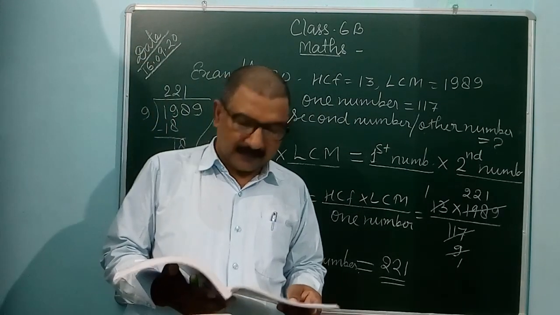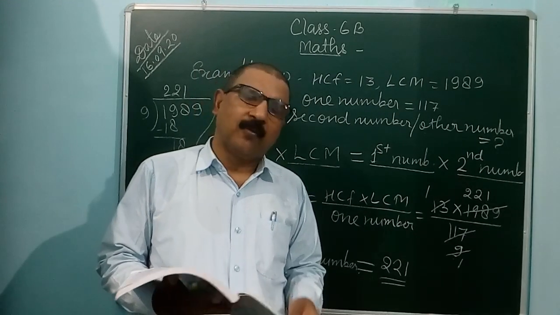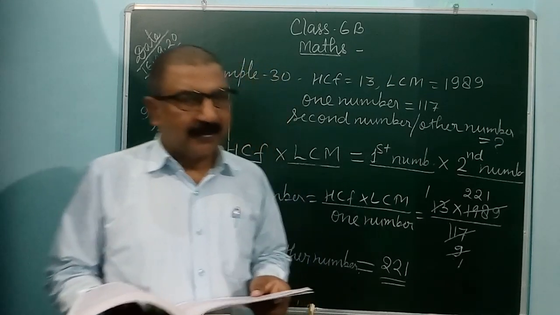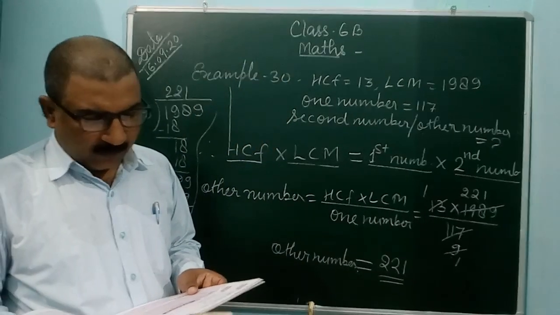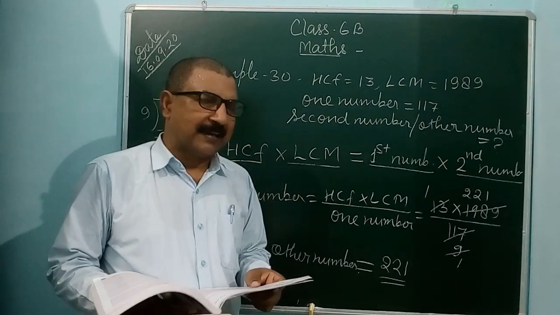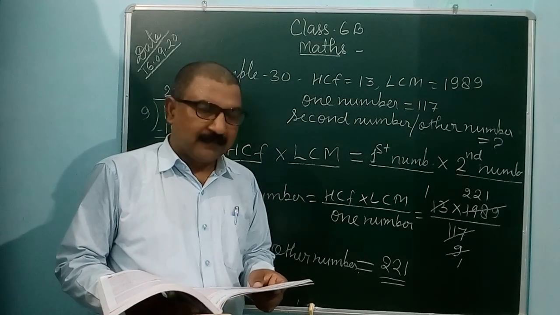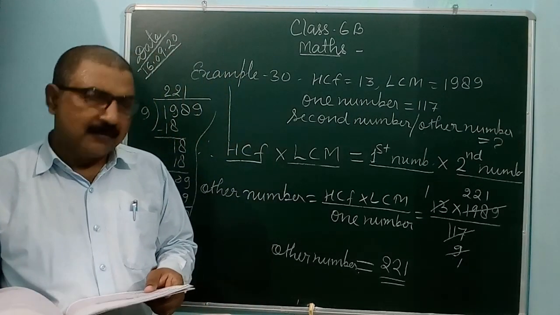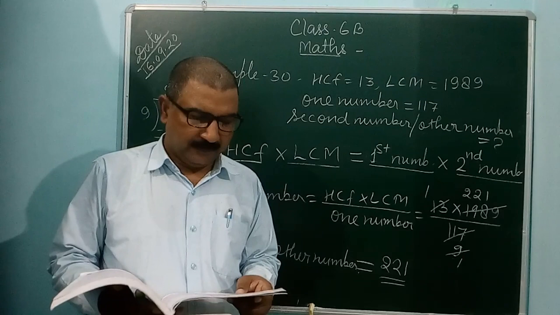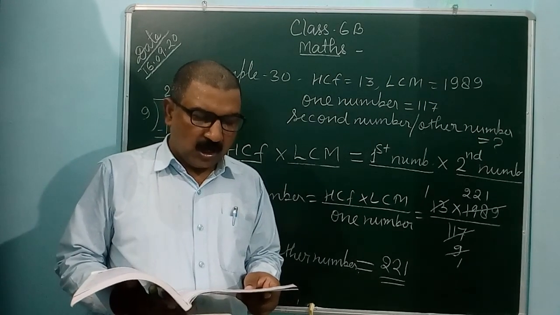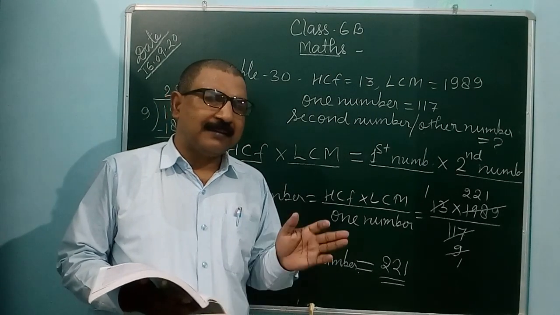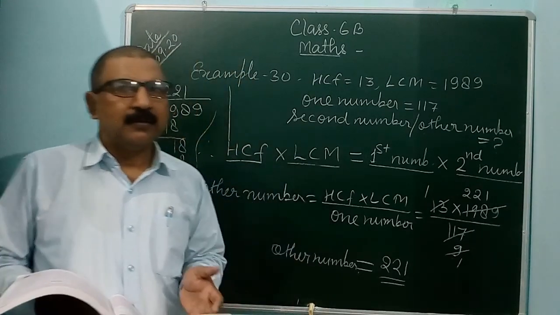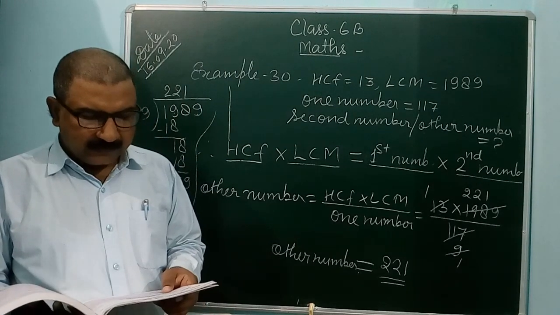Here 204 is not exactly divisible by 14. If you divide 204 by 14, it is not divisible exactly, so a remainder will come. So in this way, the statement is not true on the basis of the characteristics of LCM and HCF.